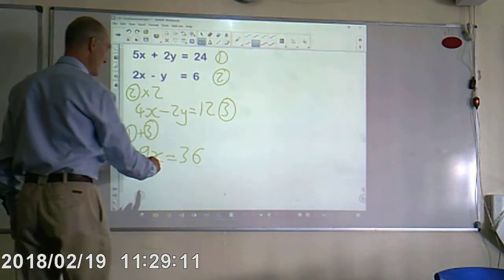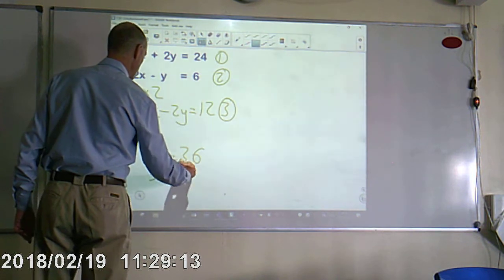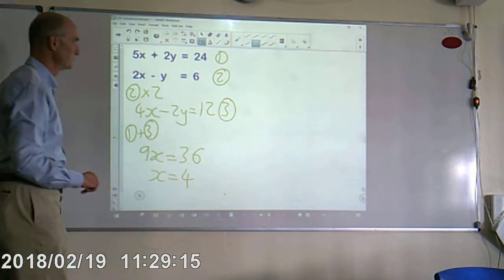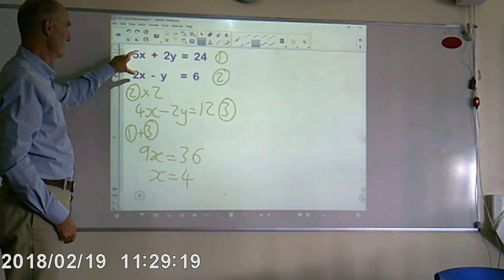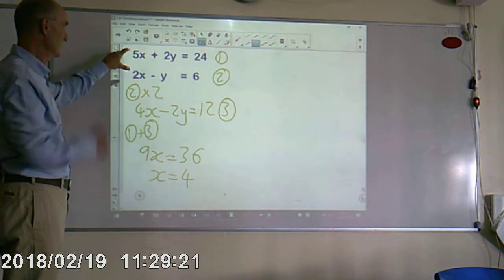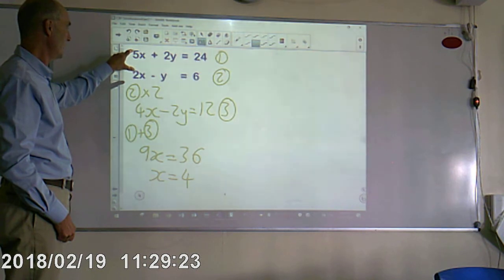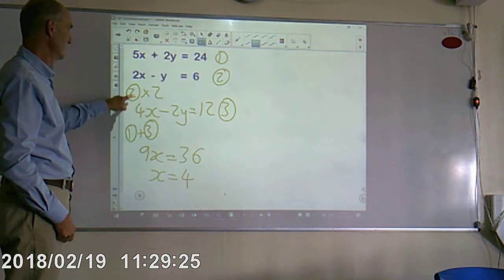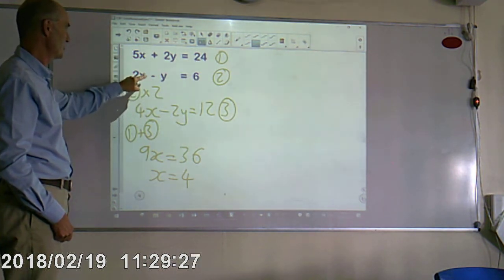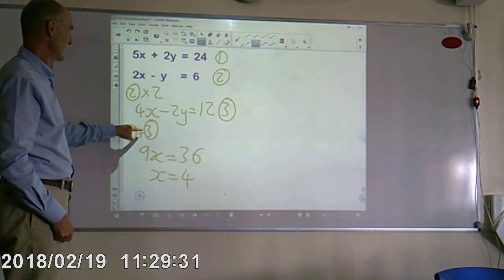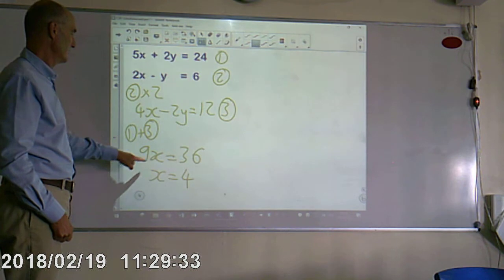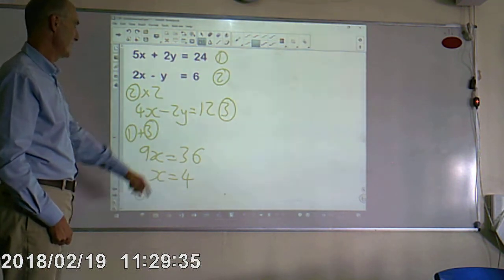Divide both sides by 9. X equals 4. Okay? So I didn't have a coefficient in front of the x or the y that was the same, so I had to create a new equation. I did that by multiplying equation 2 by 2. I've added equation 1 to equation 3, and that has allowed me to get a value of x.